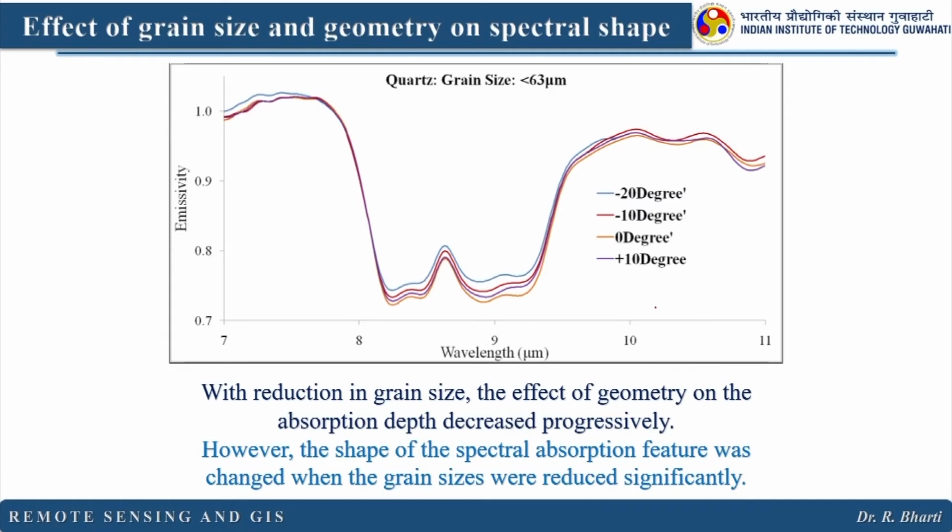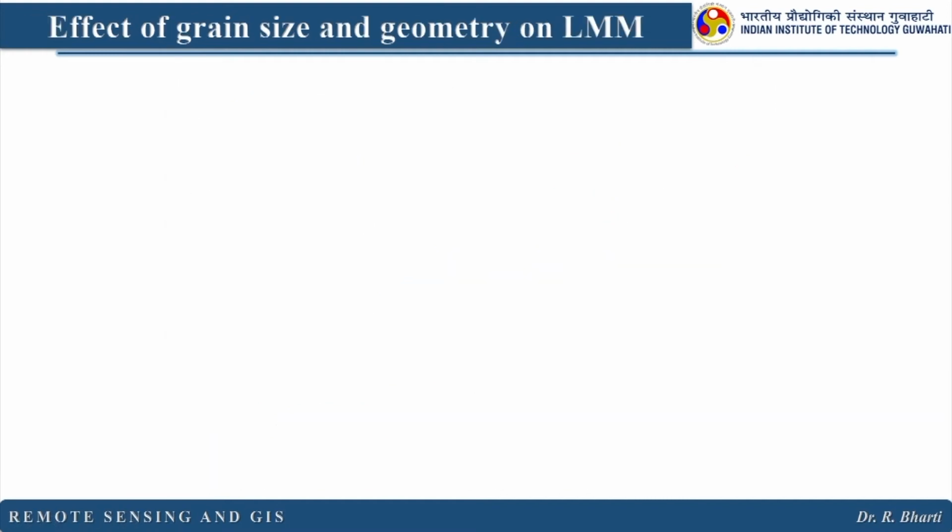Now, here you see, it does not matter what exactly your grains are, but this explains that with reduction in grain size, the effect of geometry on absorption depth decreases progressively. However, the shape of a spectral absorption feature was changed when the grain sizes were reduced significantly, right.